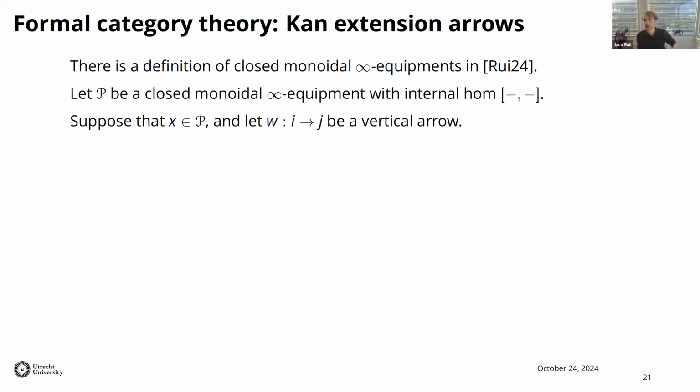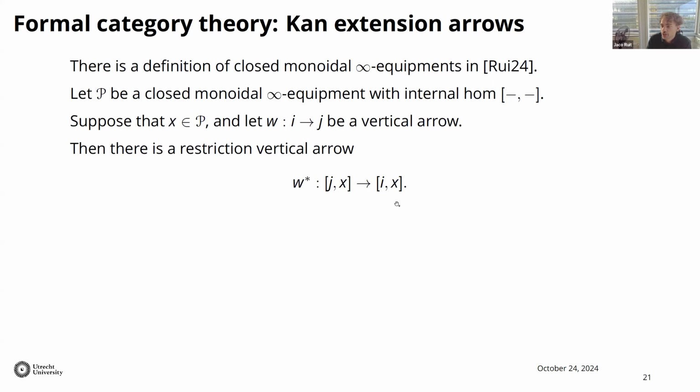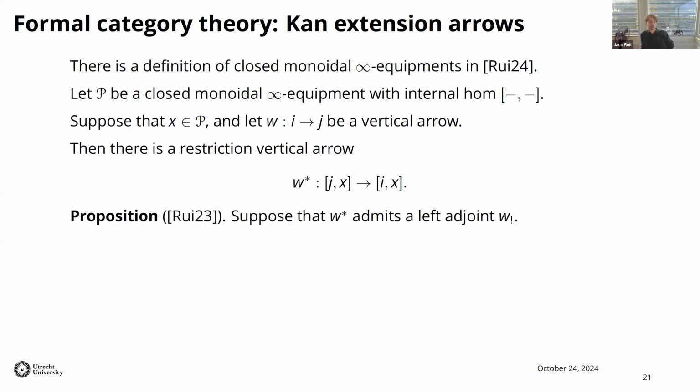Let's say you have an object X in P and some vertical arrow W from I to J. Then you can look at this restriction arrow and study the famous question whether this restriction arrow has a left adjoint. Usually in ordinary category theory, you would study such a left adjoint in terms of left Kan extensions, and the same you can do now internal to any equipment.